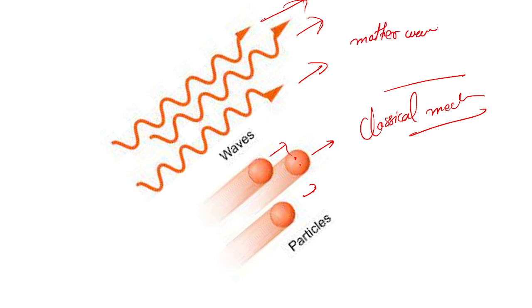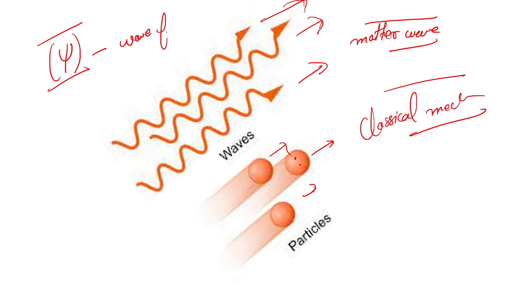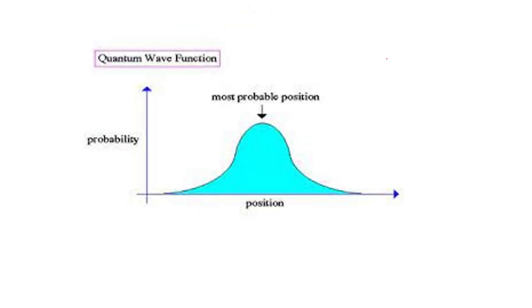To mathematically represent that wave, we use a symbol, psi, and this symbol is called the wave function. We are going to derive the expression for a free particle under classical mechanics and quantum mechanics.